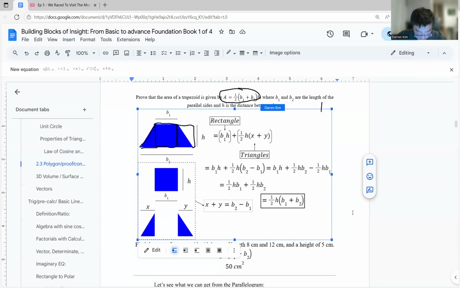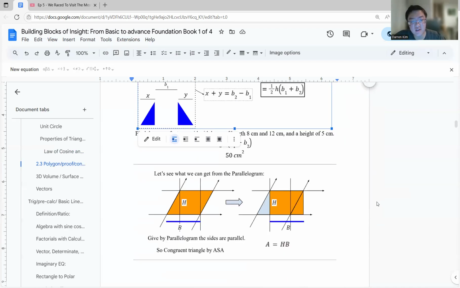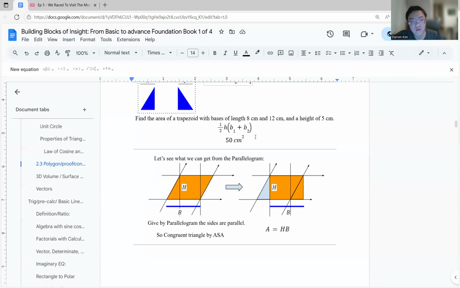In my opinion, I always thought of it as: get this divided by two, get this divided by two, and then just get the middle part. I don't understand why they made me get this formula, because it's a waste of brain cells.